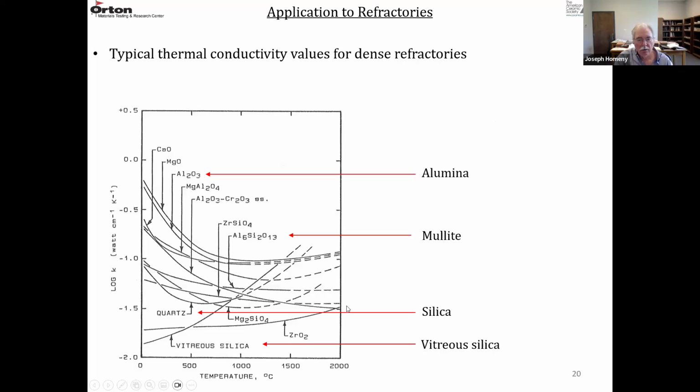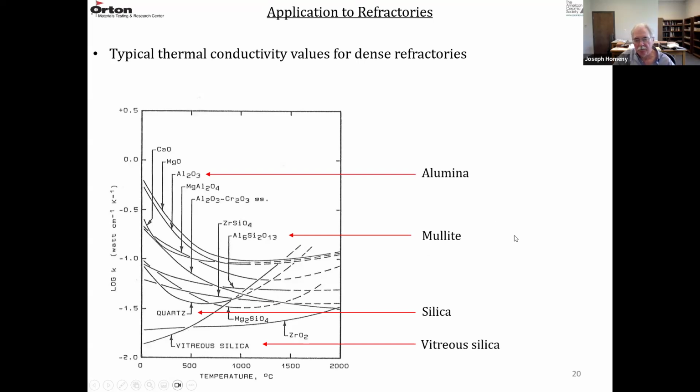So there's a difference in the conductivity based on which phases are present. So a material like alumina is going to have a high conductivity. Then there's mullite in this region here, has a lower conductivity. Silica crystalline quartz is down here. It has an even lower conductivity. And then the vitreous silica is down here, and then there's the radiation effect.